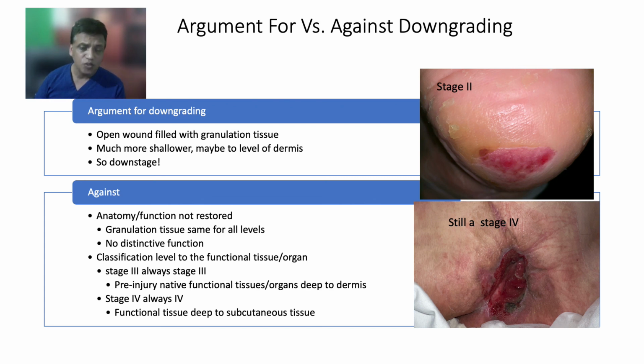And that's why you cannot downgrade a pressure injury, because you have not restored anatomy, you have not restored function related to the damaged tissue type. All you've done is replace those damaged tissues with granulation tissue or the scar tissue on a healed wound.